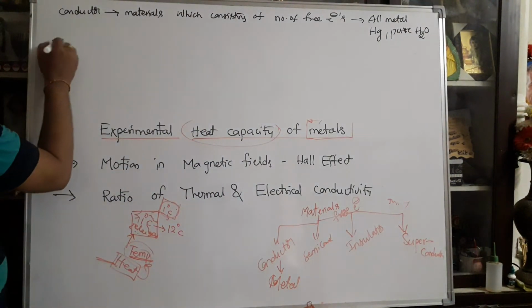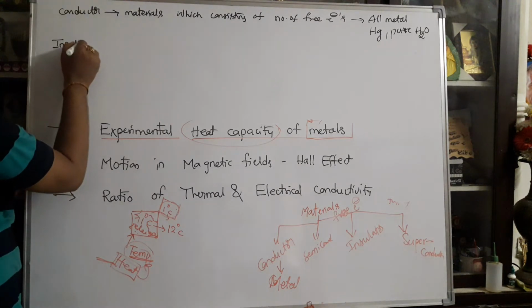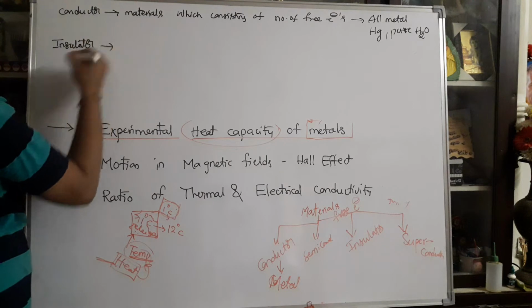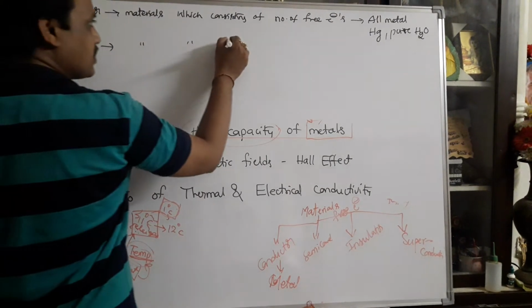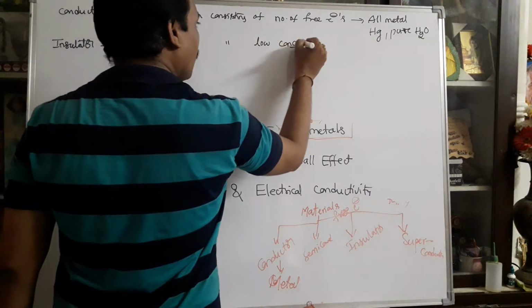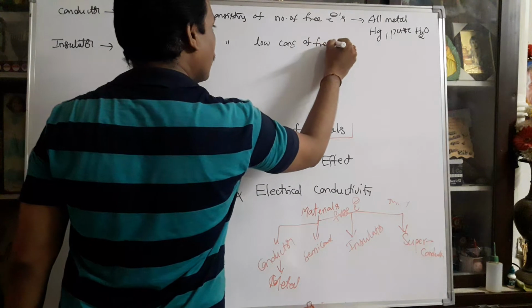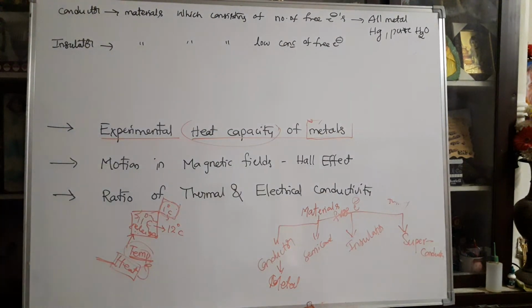After that, you can take one more material called an insulator. What is an insulator? The material consisting of a low concentration of free electrons, a very, very low value.